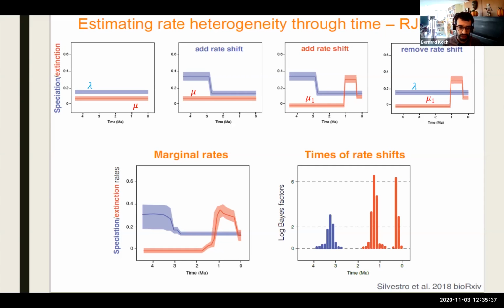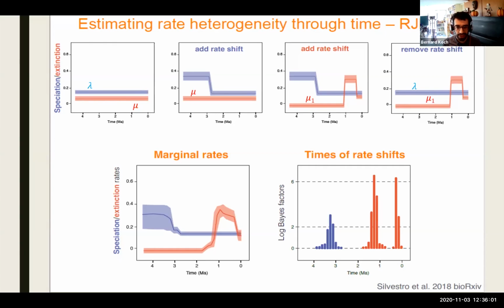So the way the algorithm works is it uses a special type of Markov chain Monte Carlo called reversible jump Markov chain Monte Carlo, which allows the number of parameters in the model to vary over the course of the Markov chain. Birth-death processes are what I showed you before. They're always linear, so the birth rate is flat and the death rate is flat.